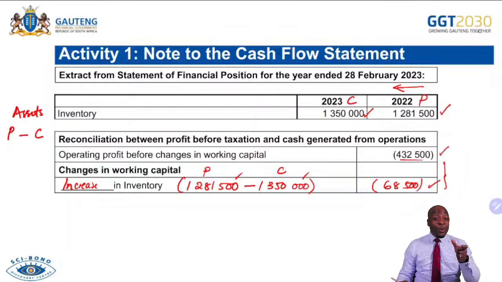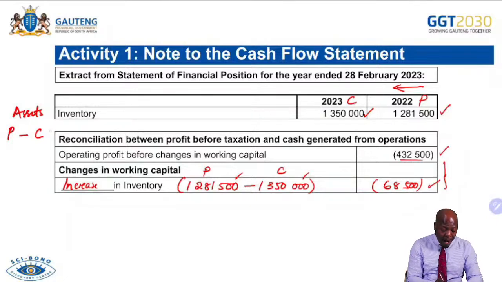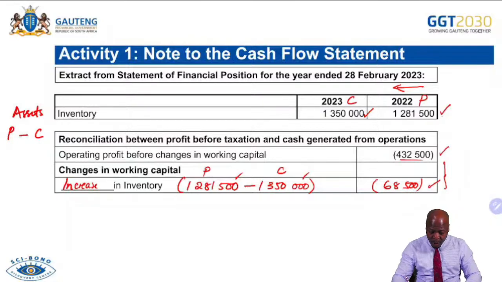And I tried to make a formula with you just now, whereby we say, when we come to our assets, whereby inventory is part of the assets, we'll say the previous year, which is 2022, minus current. So I take the 2022 figure minus the 2023 figure.